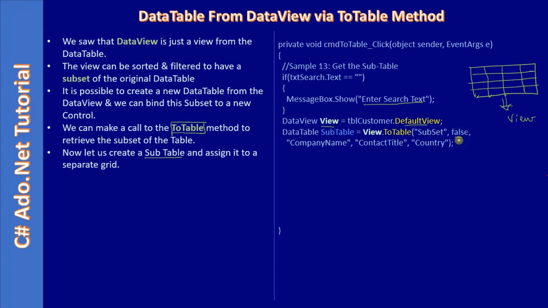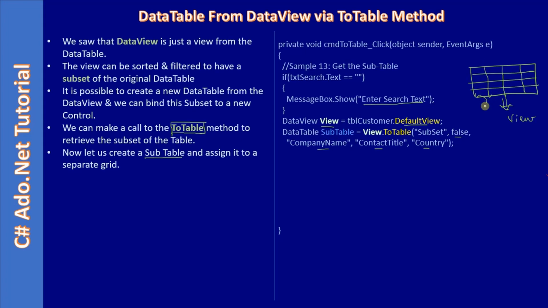Here we are passing false. We will see what it is when we go to the demo. Then if you see here, we are specifying a subset of columns. Only 3 columns we are filtering, and we are calling this a subtable.